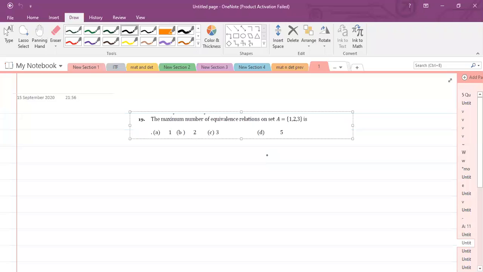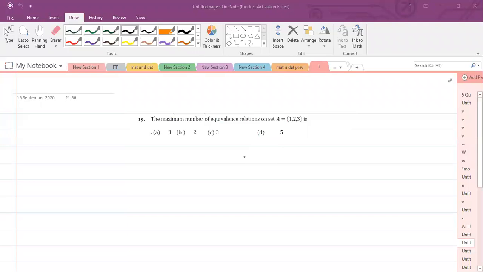Next, question number 19. The maximum number of equivalence relations on set A is equal to 1, 2, 3.